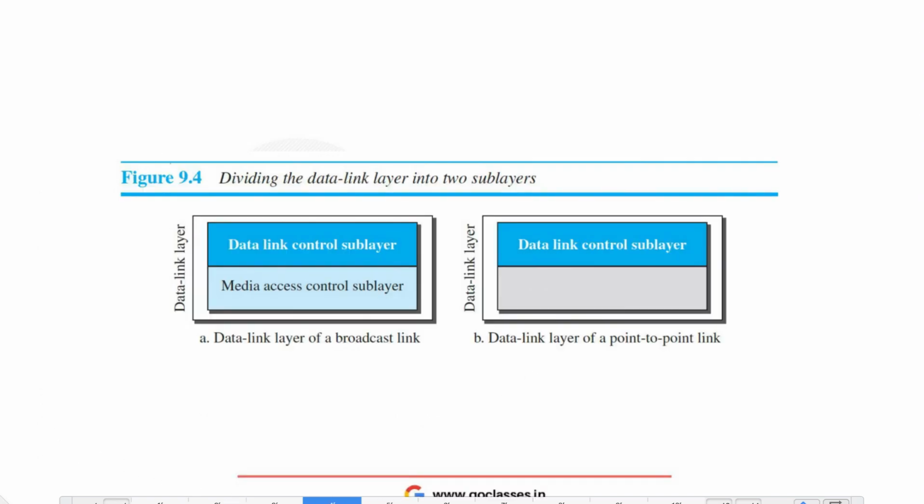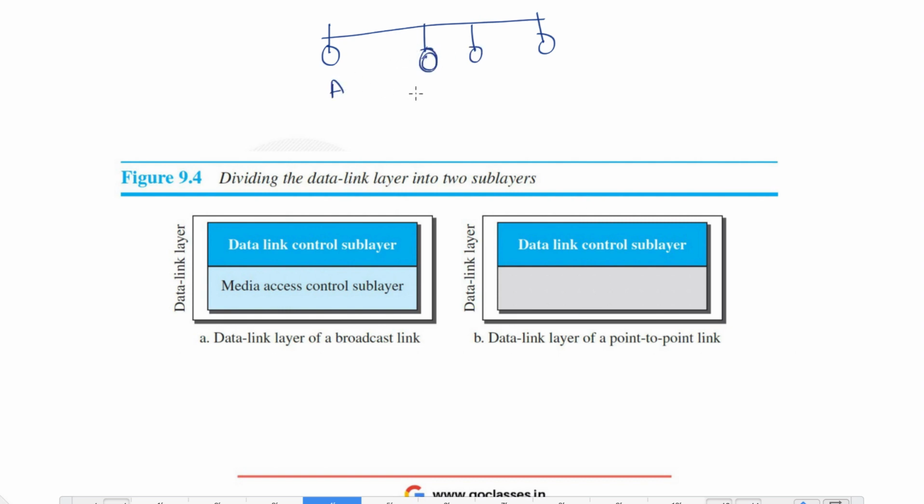Now to further understand this data link layer, we divide it into two parts. One is the data link control sublayer, and another one is the media access control sublayer. We need these two parts only when there is a broadcast link. What is a broadcast link? Suppose there is one link, and many hosts are connected to it.